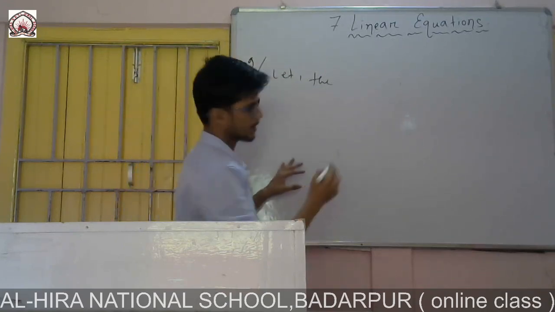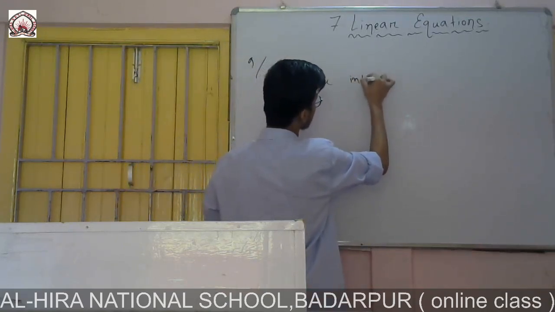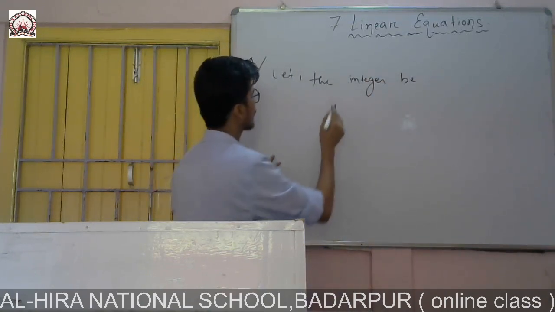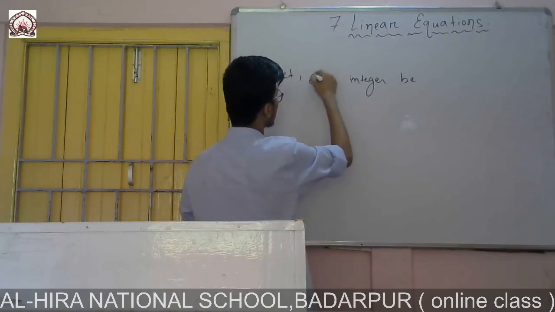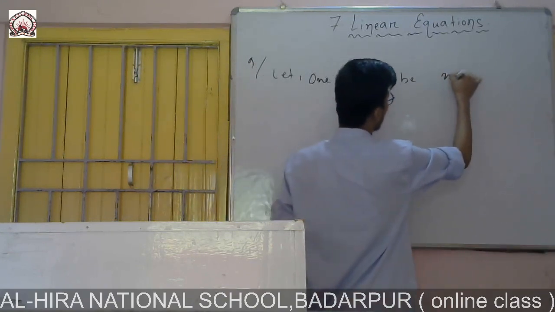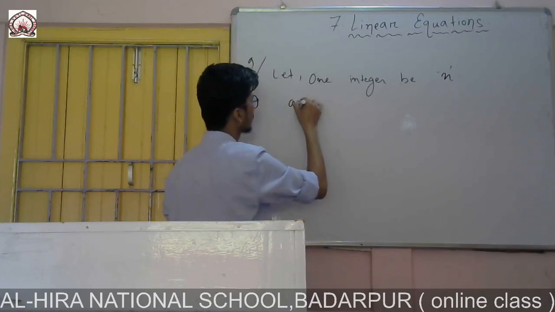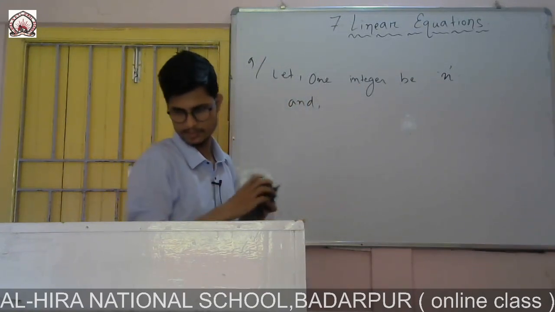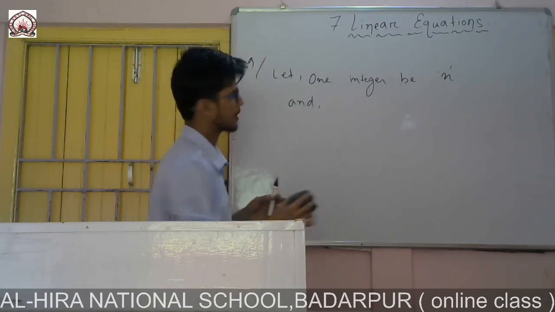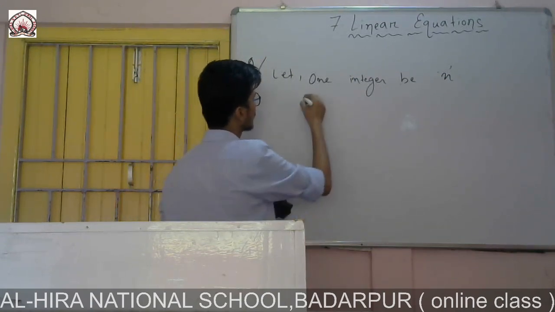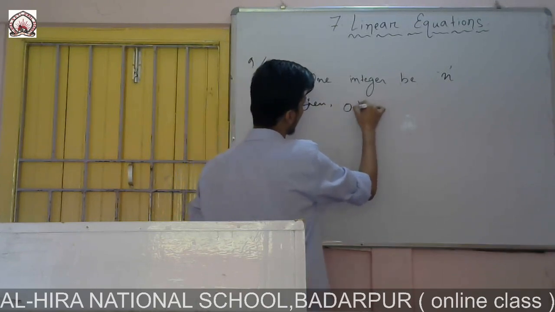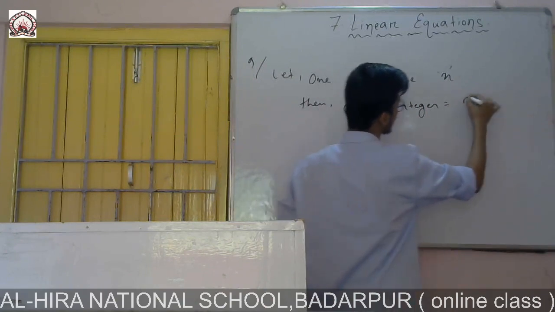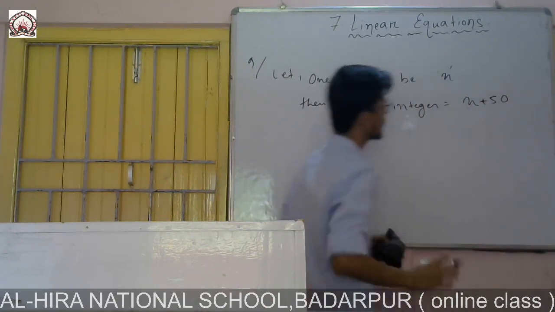Let one integer be x, and the other is 50 more, that means x plus 50. Why did I write x plus 50?